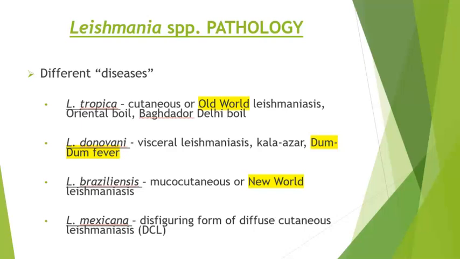There's Leishmania braziliensis, which is a mucocutaneous or New World leishmaniasis. There's Leishmania mexicana, which is a disfiguring form of diffuse cutaneous leishmaniasis, also referred to as just DCL.